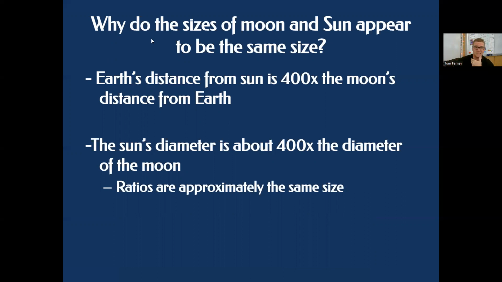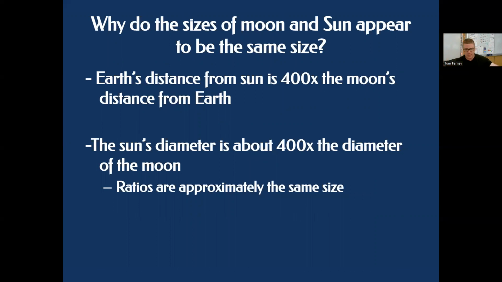Well, it's all about distance and scale. Earth's distance from the sun is 400 times the moon's distance from Earth. And the sun's diameter is about 400 times the diameter of the moon. Because we have these relatively equal ratios of distance and size, they appear to be the same proportion in our sky.